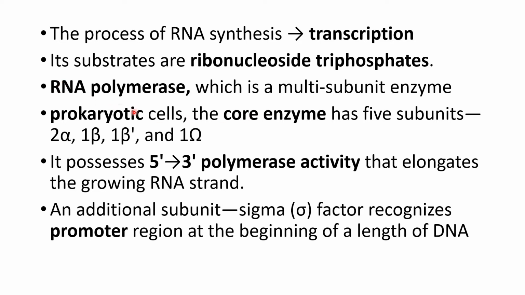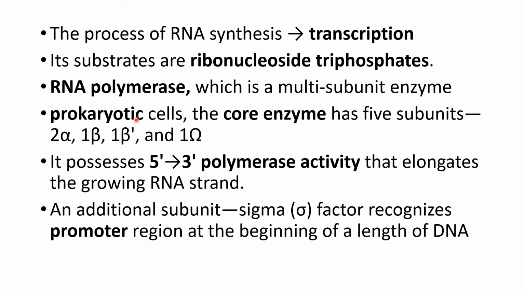Prokaryotic RNA polymerase consists of the core enzyme as well as the holoenzyme. The core enzyme constitutes 2 alpha, 1 beta, 1 beta prime and 1 omega subunits. Alpha subunit is responsible for subunit assembly.